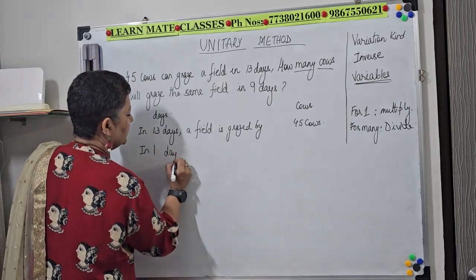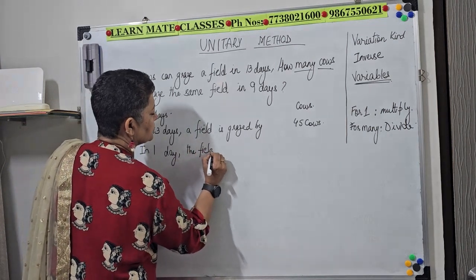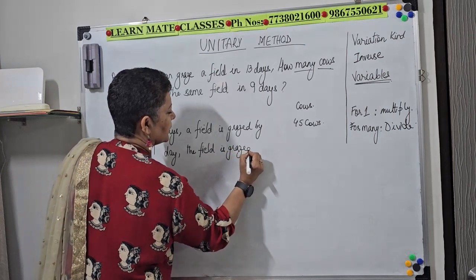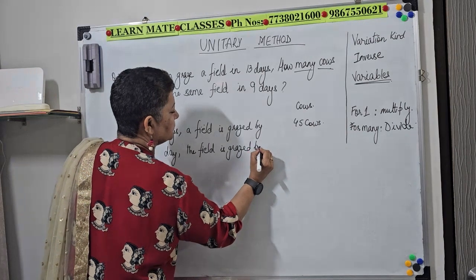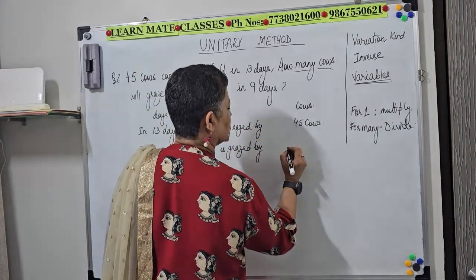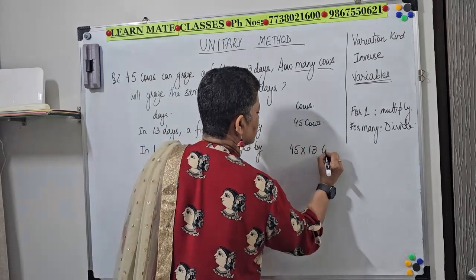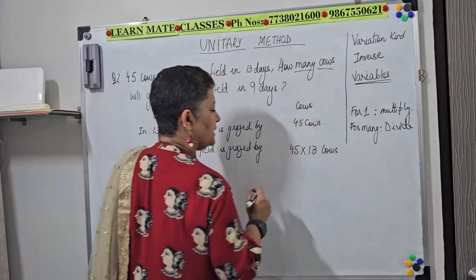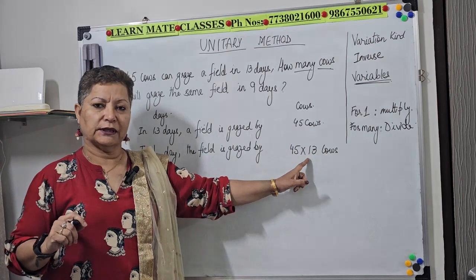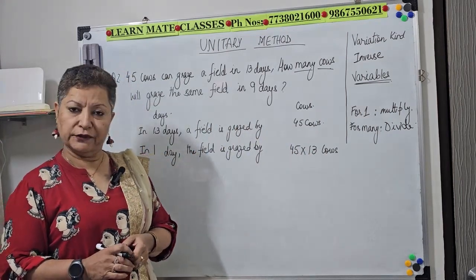In one day, the field is grazed by, for 1, we need to multiply. So that's going to be 45 into 13 cows. What did I tell you in the previous question? I'm not going to try and waste my time in doing the product here because later on I may be actually using this for division.